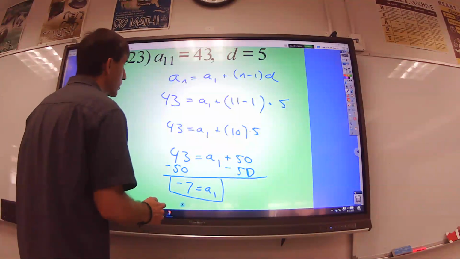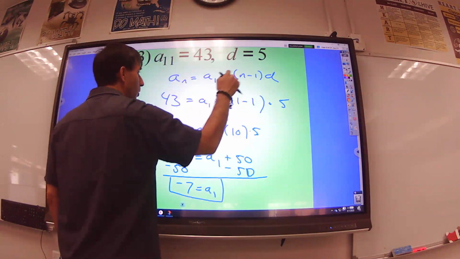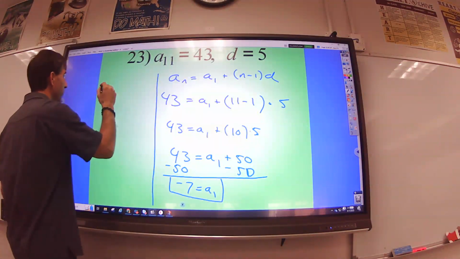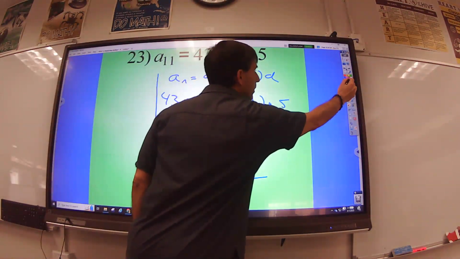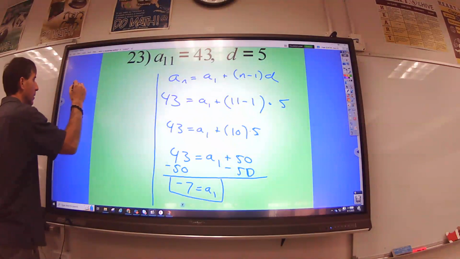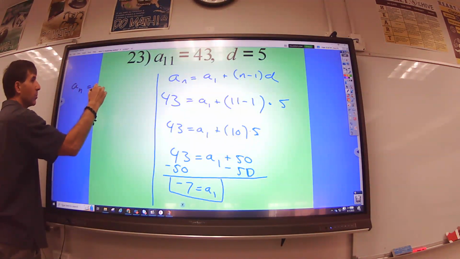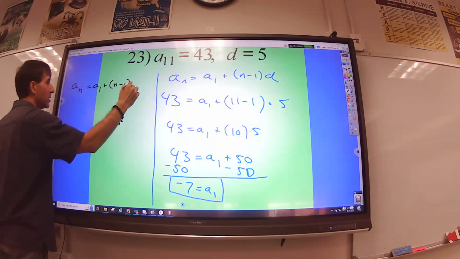So our original equation is a sub n equals a sub 1 plus n minus 1 times d. I'm going to rewrite it here. Starting over. A sub n equals a sub 1 plus n minus 1 times d.